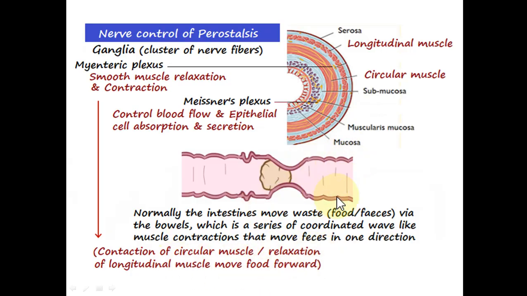So when the longitudinal muscles are relaxed, the circular muscles are in a contracted position, and this pushes the food forward. Again the same type of peristaltic contractions recur, and repeatedly they push the food from the mouth towards the rectum.